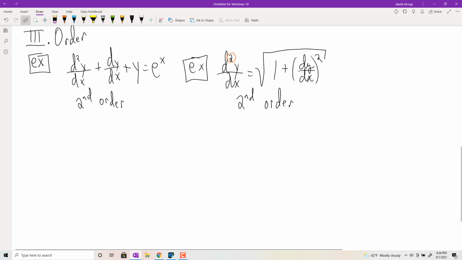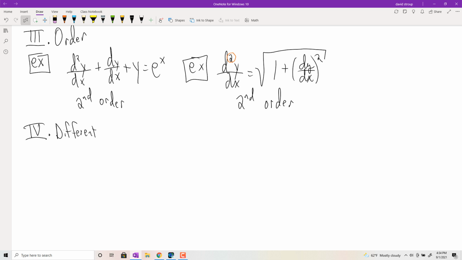Okay. One other form that will come up that's kind of weird whenever you see it is the differential form. And you may have seen this in Calc 1 or even in Calc 2 where you're doing your u subs. You let u equal 2x, and then the differential form of the derivative is du equals 2 dx, as opposed to writing du over dx equals 2.